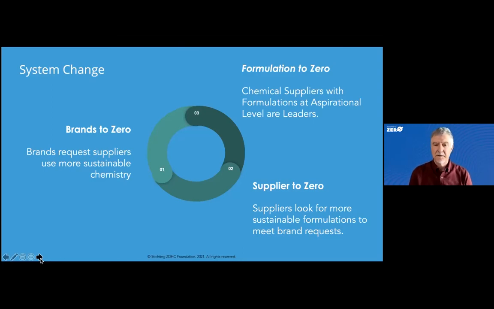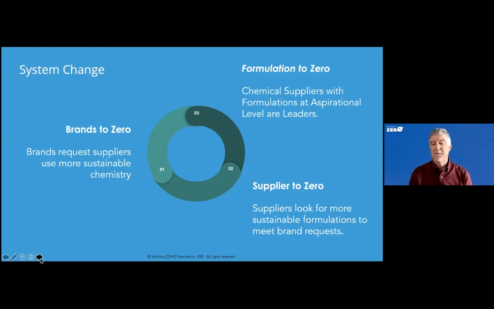And the more that their suppliers are using chemicals that meet the MRSL and go beyond that, the higher their score is internally. That in turn drives them to go to the suppliers and say, we need you to use more chemicals that are meeting the ZDHC MRSL. We need you to use more sustainable formulations.